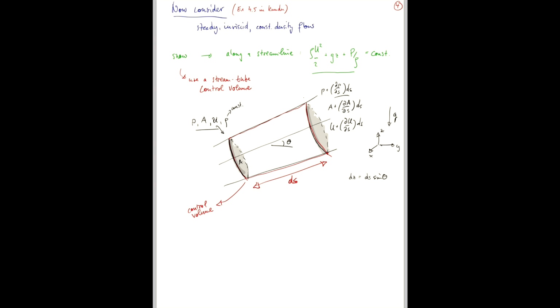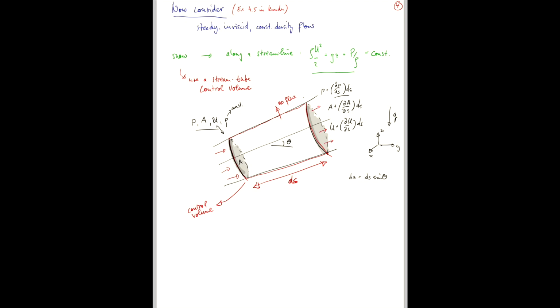Now, by definition, there's going to be no flux through the sides of the control volume. Everything is coming in through here and going out through here.